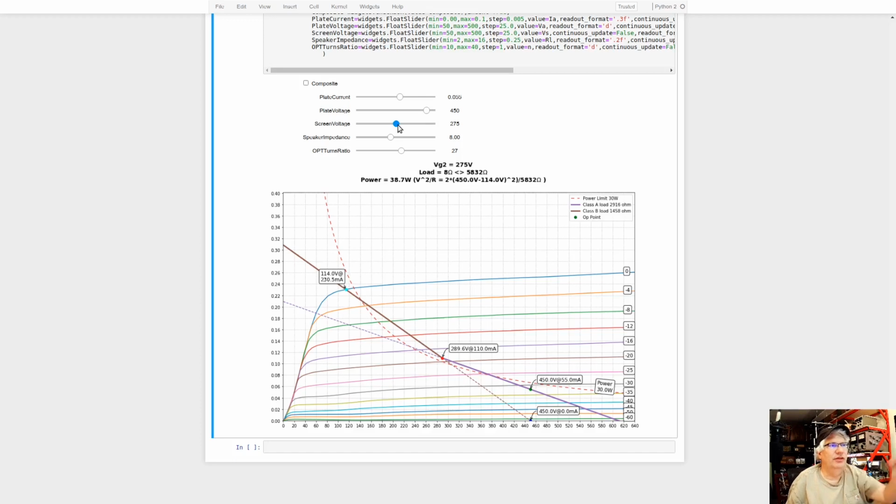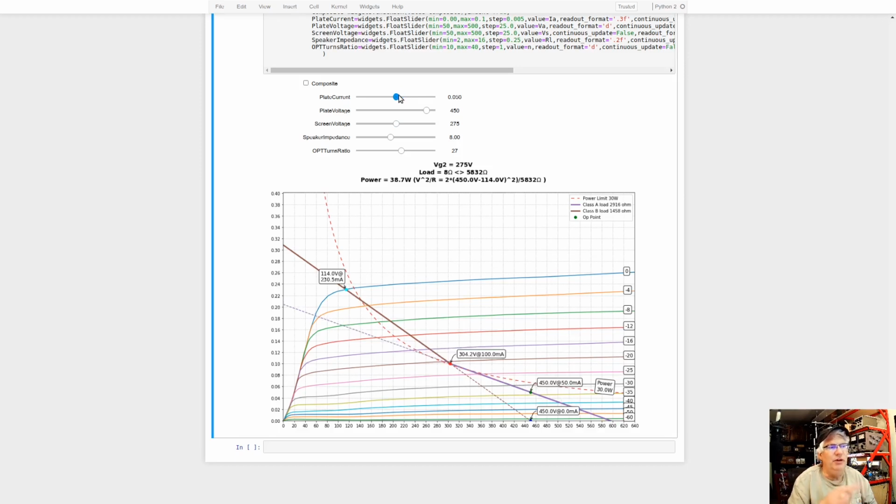If we set the screen voltage down to 250 volts, we get a little bit of decrease in the power output, but we're now more in a hi-fi type operation, and we're only exceeding the power dissipation by a little bit right in here. And we can change that by changing the plate current and moving that down.